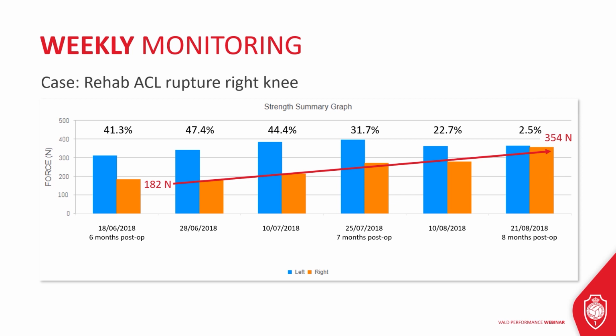You see the huge difference between left and right, which made us decide to prolong his rehabilitation until the difference was gone between left and right. So he had 2 more months of adapted training to build up the force in the hamstring muscles of the right leg to prevent re-injury, of course.